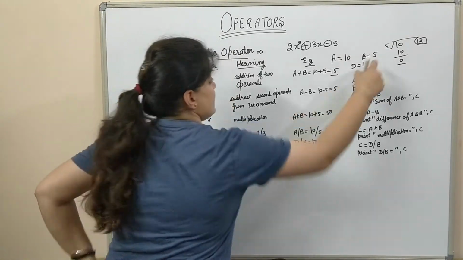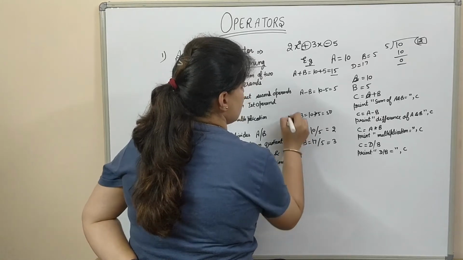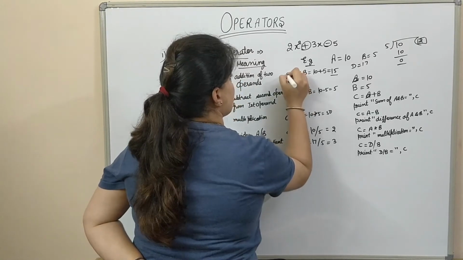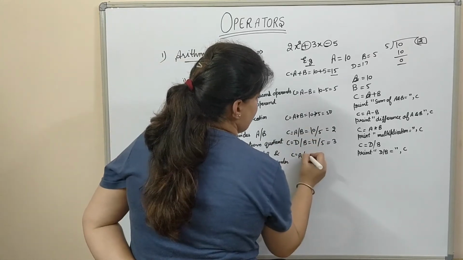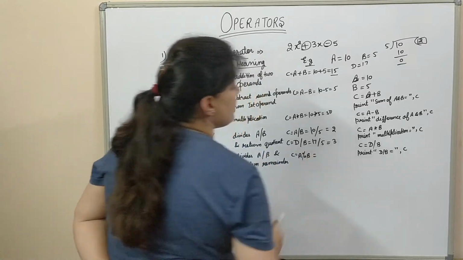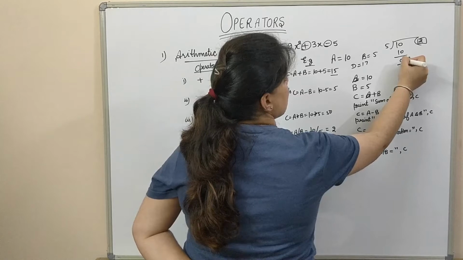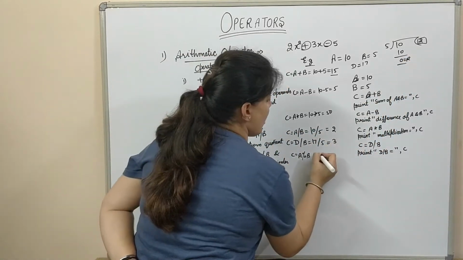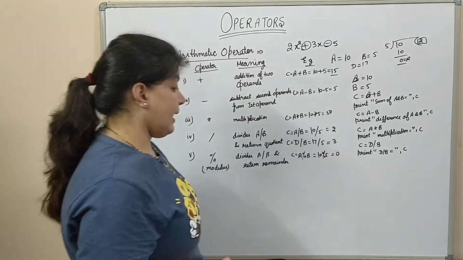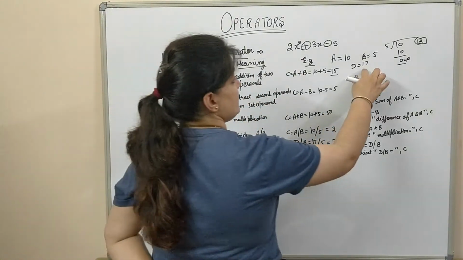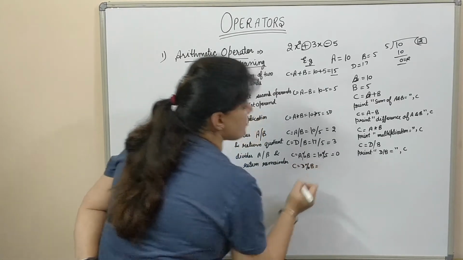Like in this case, if I am writing C is equal to A mod B, what will be the output? What is the remainder? The remainder value is 0, so the output will be 0. And if we take the second example, C is equal to D mod B, what will be the output?